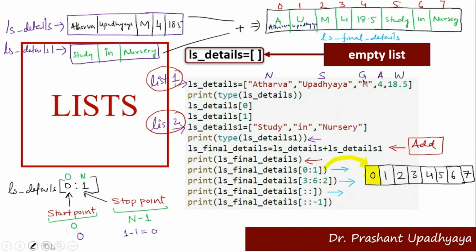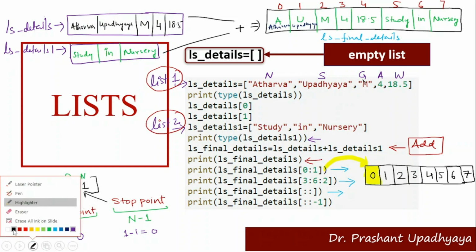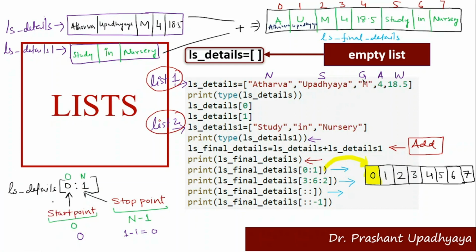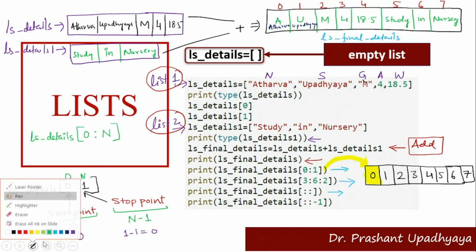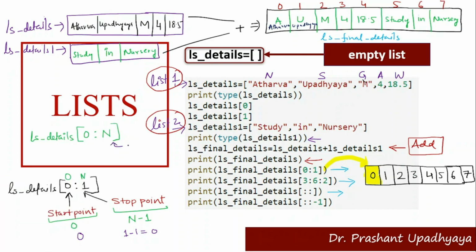Is it clear? So what we are trying to understand is that when we write ls_details[0:n], by default I'm using a step size of 1.